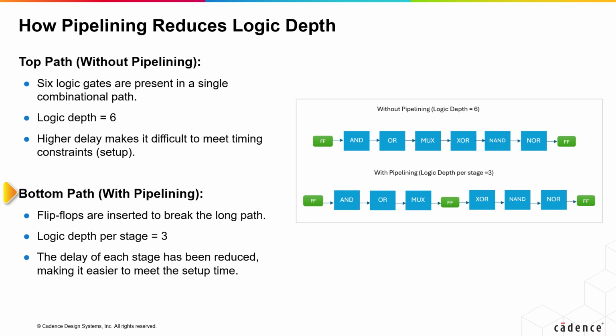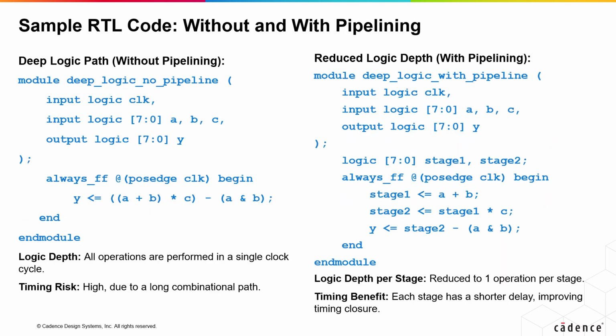After implementing the pipelining method by inserting a flip-flop, which splits the long register-to-register path into a path with a logic depth of 3, this minimizes the delay of each stage, helps meet the setup time, and also reduces the maximum achievable frequency. Here is the RTL code for a sample design with and without implementing the pipelining approach.